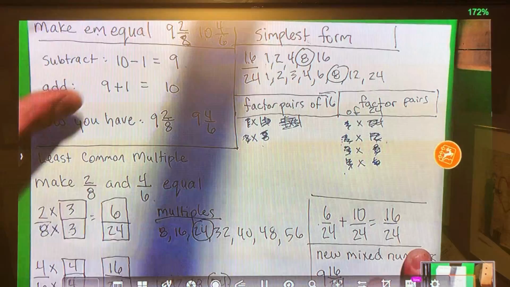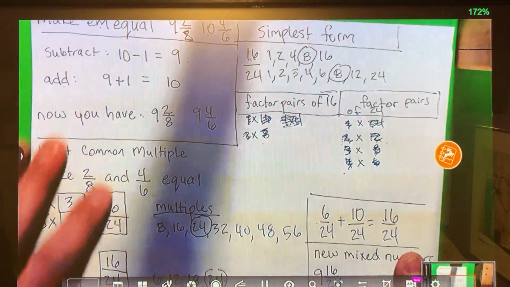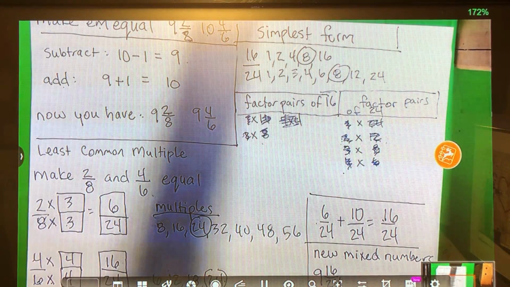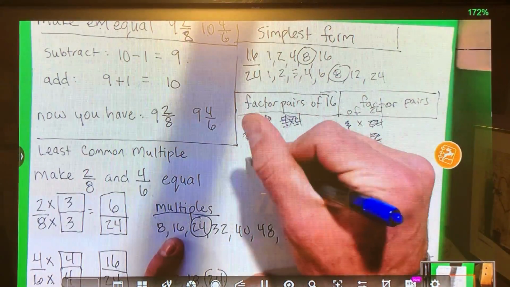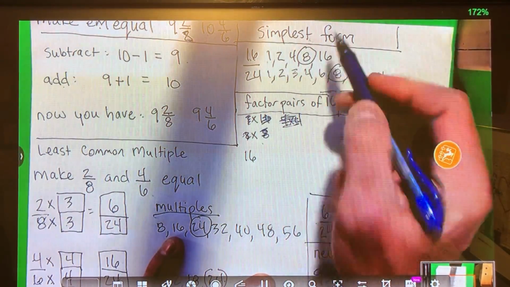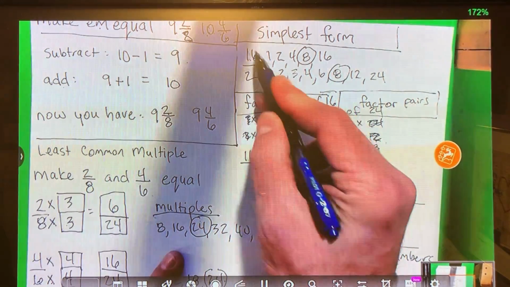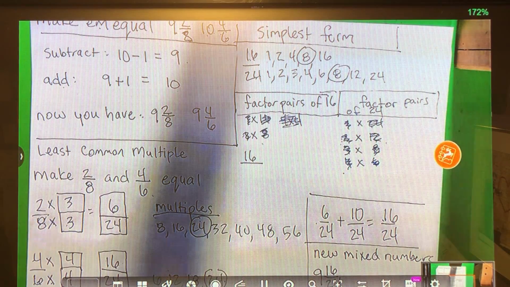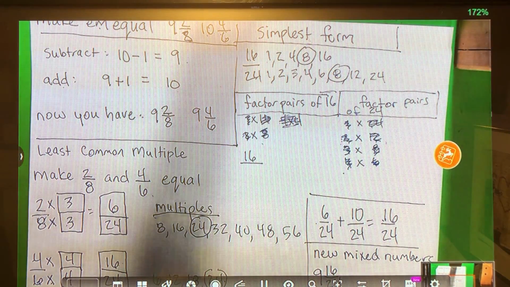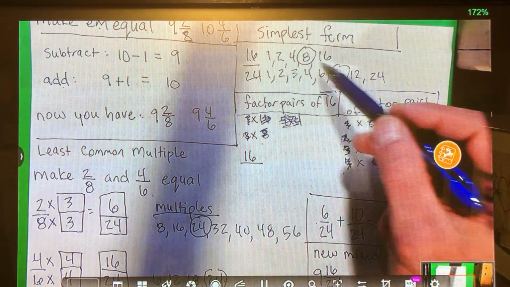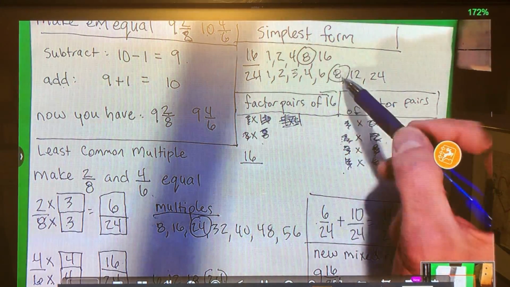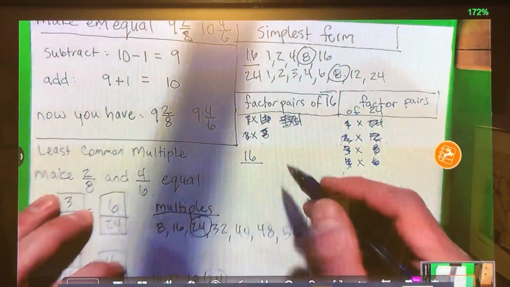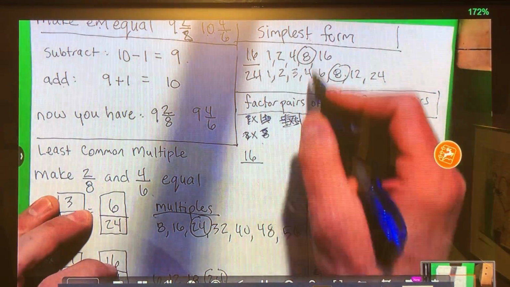When we go to use the greatest common factor 8, we ask ourselves, what are we going to do with that 8? Well, we want to put the fraction in simplest form, so we want our top number and our bottom number, our numerator and denominator, to be as small as possible. In order to make it as small as possible, you've got to use the biggest factor, the greatest common factor, to divide 16 and divide 24.